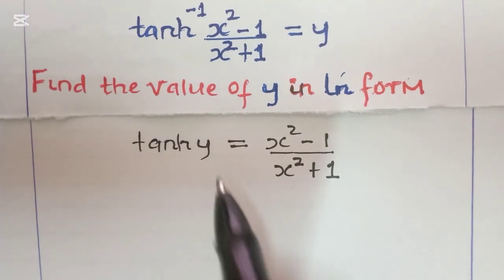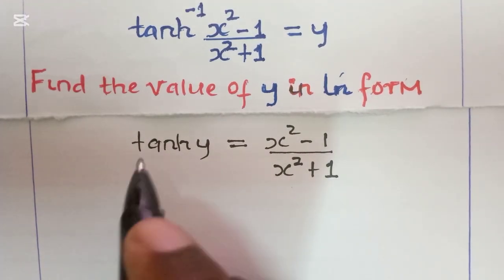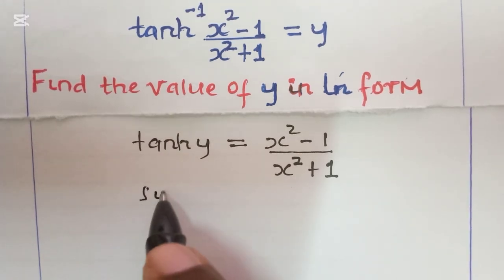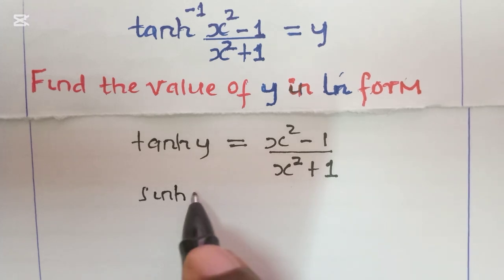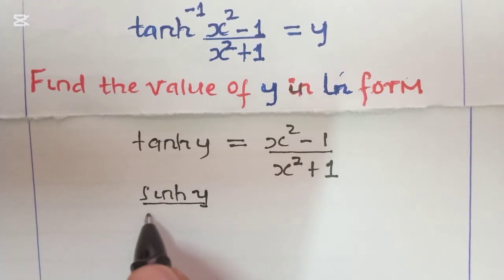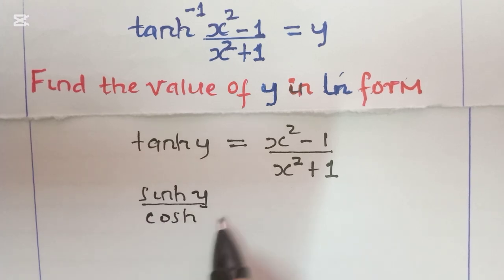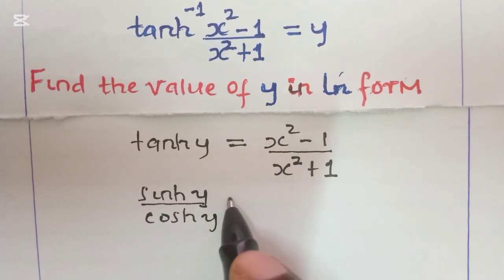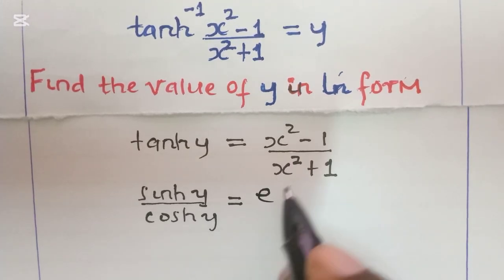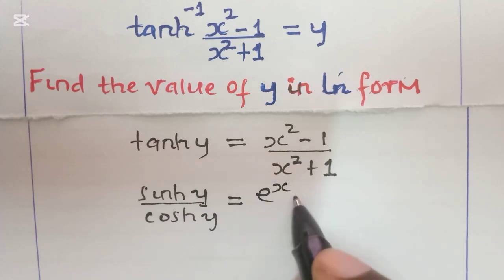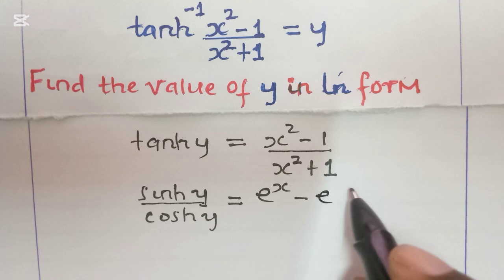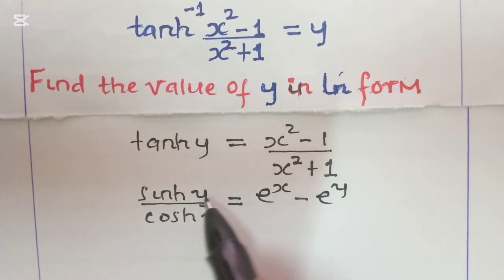We are writing tan hyperbolic y in terms of exponential, and that one can be written as sin hyperbolic y all over cos hyperbolic y, which is now equal to e raised to y minus e raised to negative y.